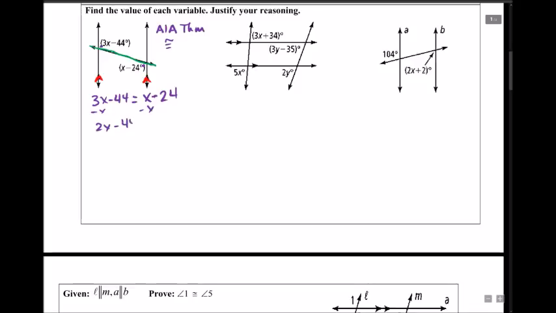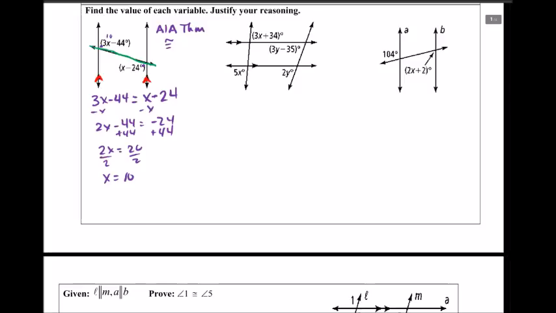I subtract x from both sides. I add 44 to both sides. And I get 2x equals, what is that, 20? So x equals 10. And if I wanted to, I could go in and substitute a 10 in there.